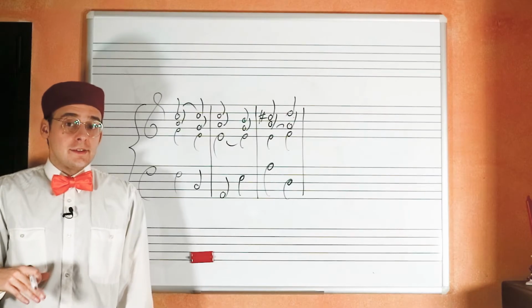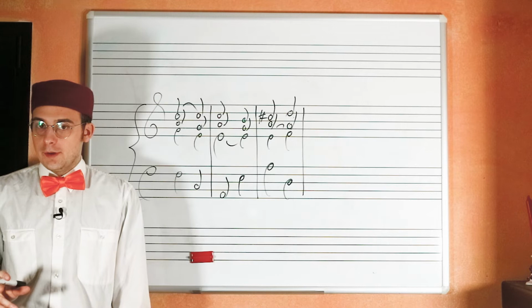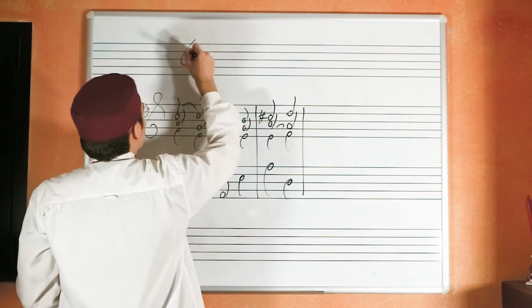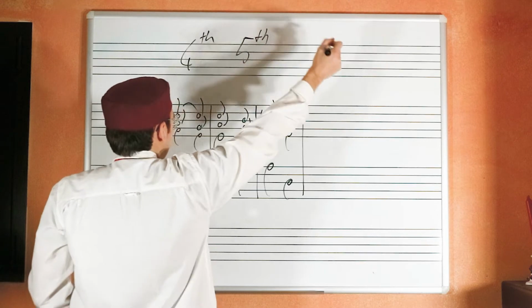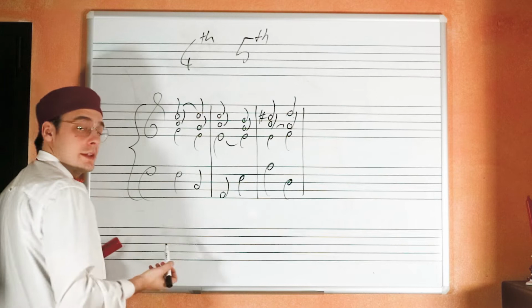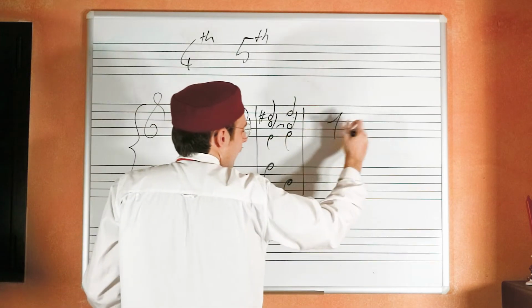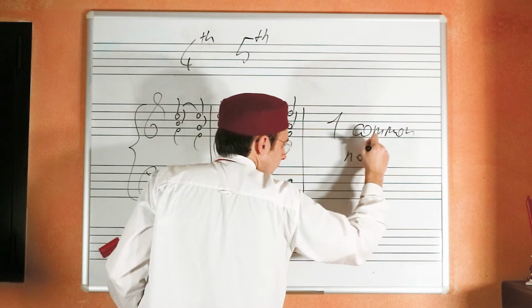The second case is when we have a fourth or a fifth leap. With fourth and fifth leaps, I have only one common note between the two chords. So one common note.